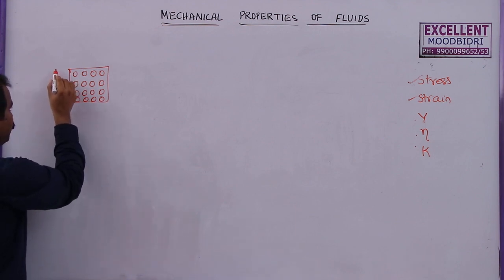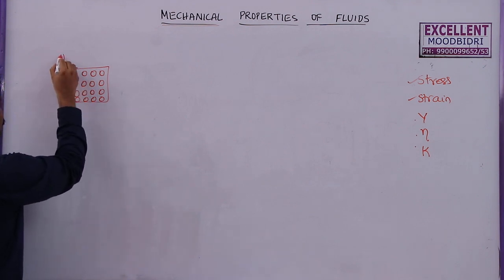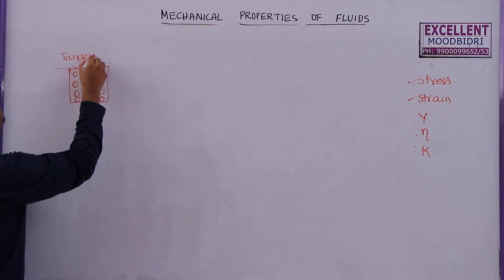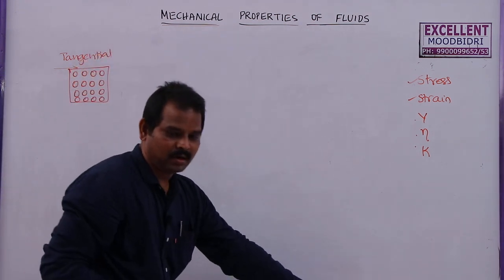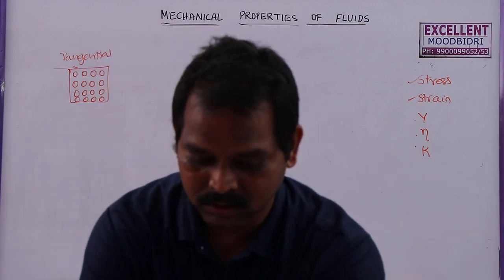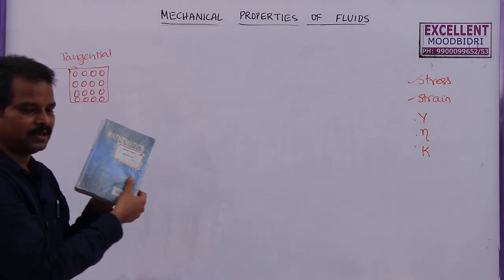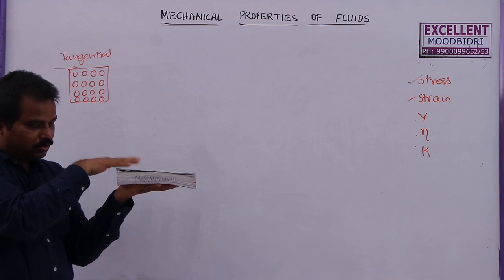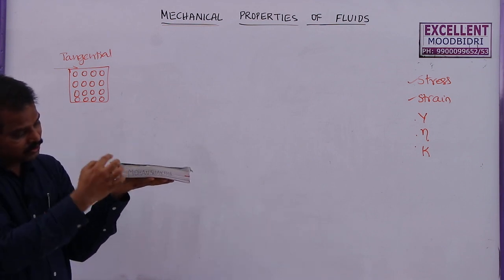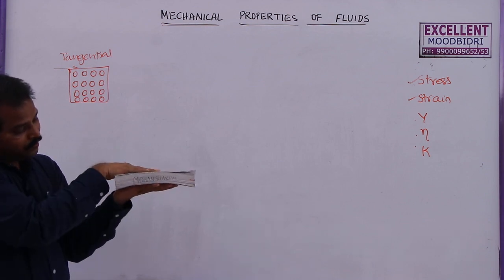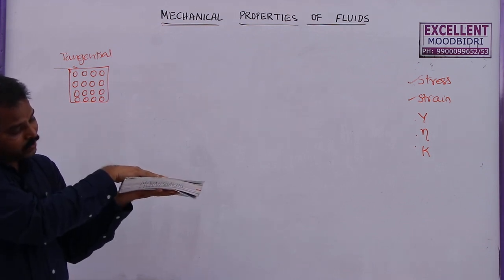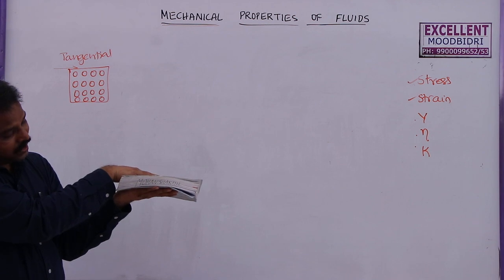If you apply a force here, tangential force, this is a tangential force acting parallel to one of the surface. So here, let me take one book here, mathematics textbook. Now, this is a solid. If I apply a force here, just to observe these layers of the solid, the layers are displacing here.